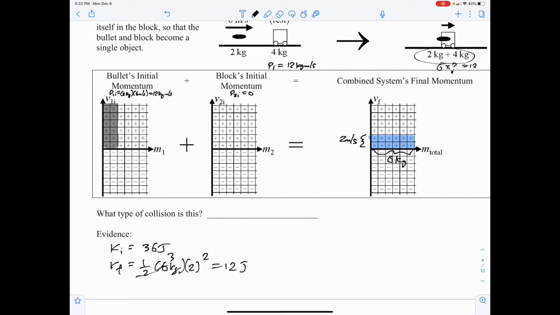So it's actually gone down by sticking together, compared to when it passed through. The kinetic energy is reduced by a third. So kinetic energy is not conserved. This again, of course, means this is an inelastic collision.